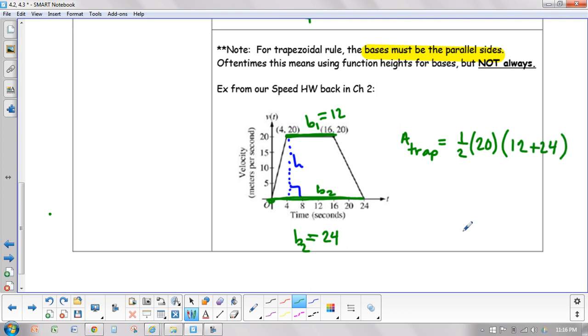So a lot of times you use the function heights for your bases, but that's if they give you f of x values or a formula for f of x. If they've drawn you an image that's already a trapezoid and your parallel sides are horizontal instead of vertical, this is how it would work.